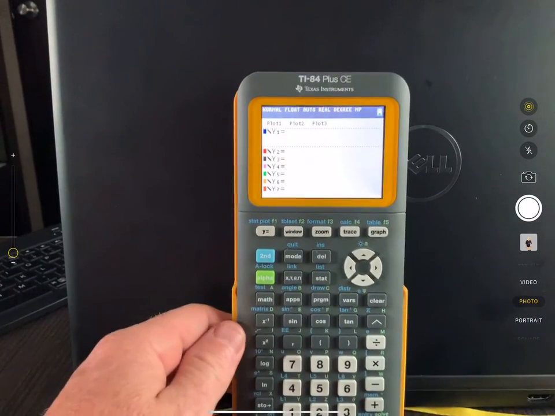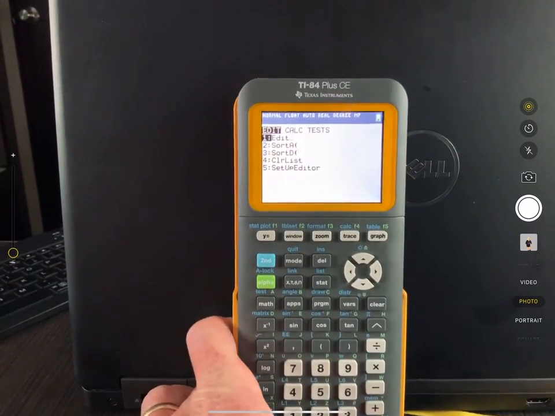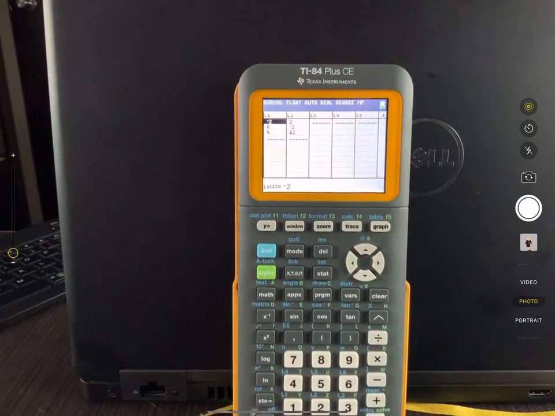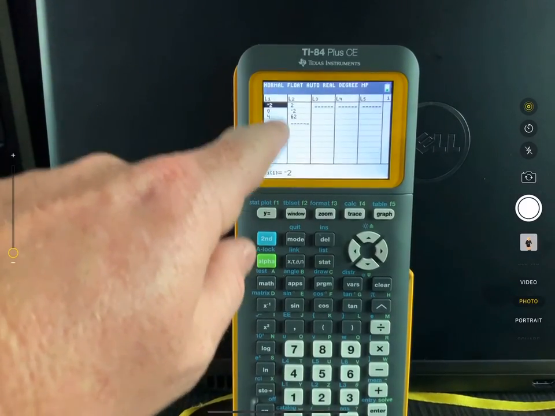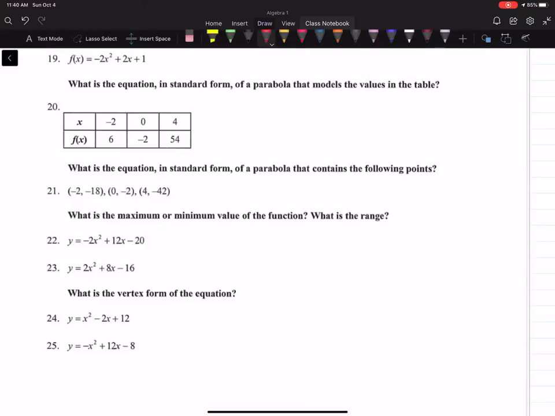They give us a table, so I'm going to go to Stat, Edit, and I'm going to edit the table. L1 is the x's, L2 is the y's. So let me go back and see the table one more time. It's -2, 0, 4. So my L1 is already plugged in. L2 should be 6.